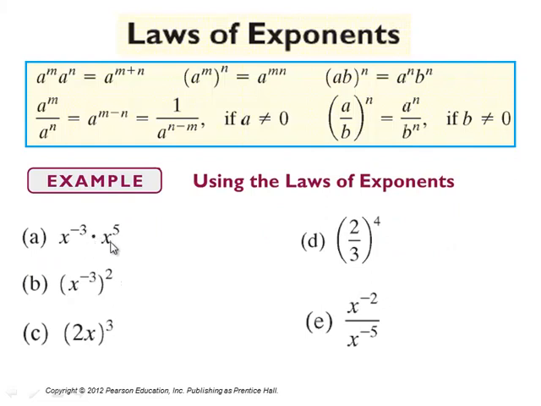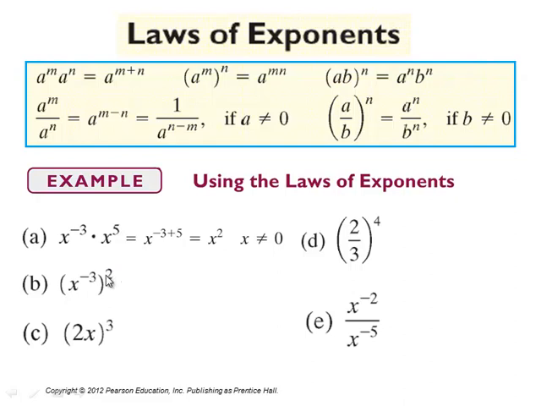Because both of these exponential expressions have the same base, then all you need to do is add the exponents. So negative 3 plus 5 is 2. So you have x squared. So this first example uses this first law of exponents.